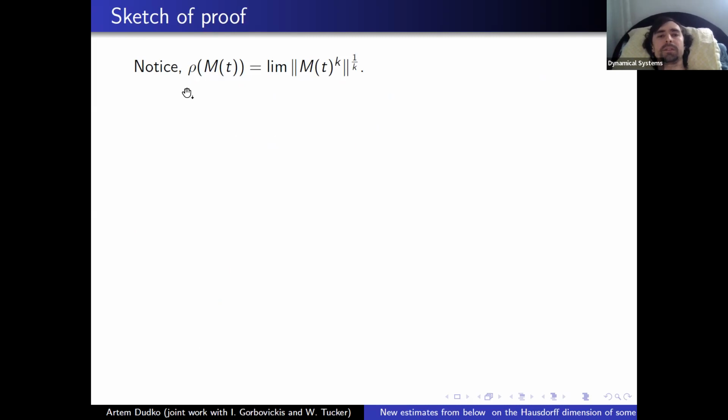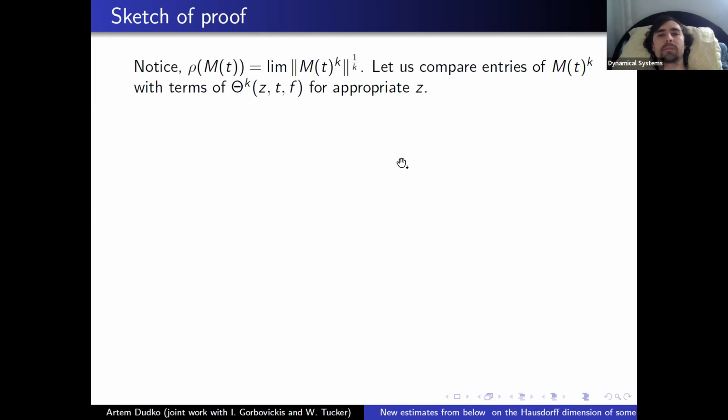Now we notice that the spectral radius of matrix M can be obtained as a limit of this quantity. We take the norm of M of t raised to power k and raise it to power 1 over k. To prove our inequality, we'll compare entries of the k-th power of Macmillan's matrix with terms of the k-th partial sum of the Poincare series.